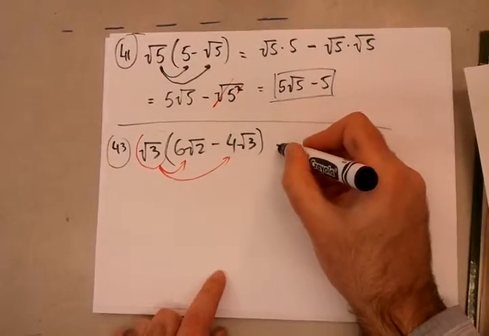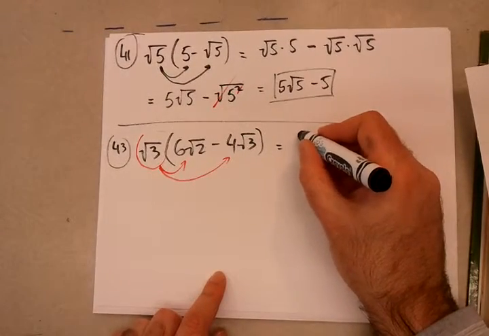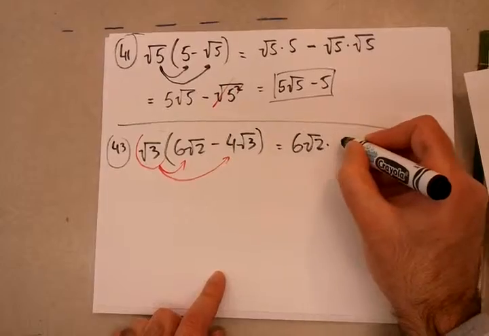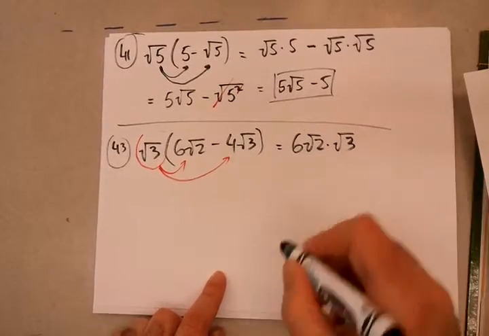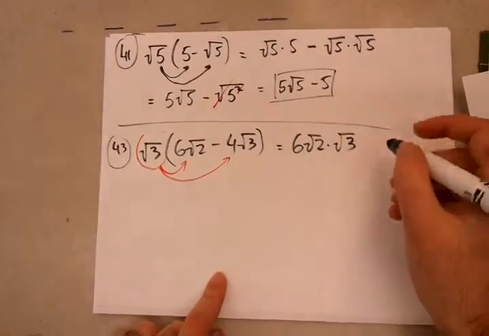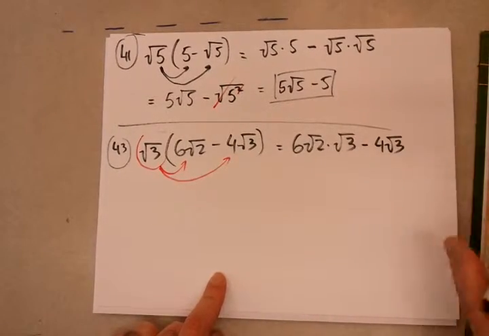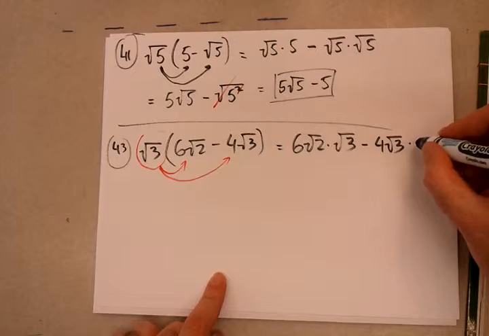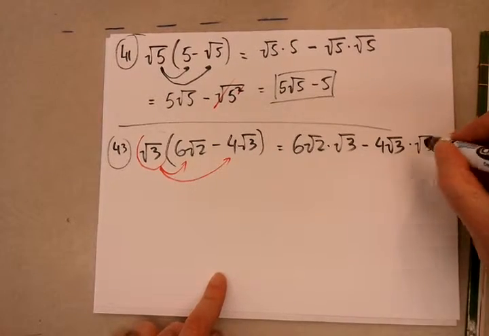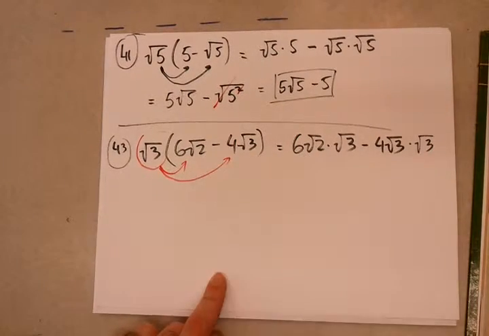So that's going to yield 6 root 2 times root 3, this times this, minus 4 root 3 times root 3, this times this.